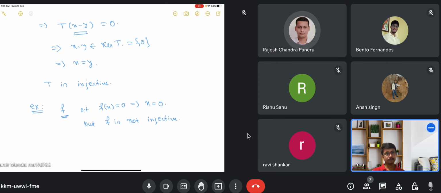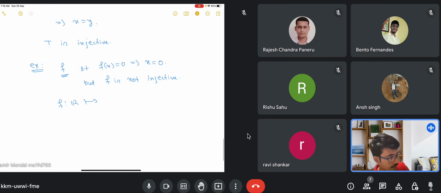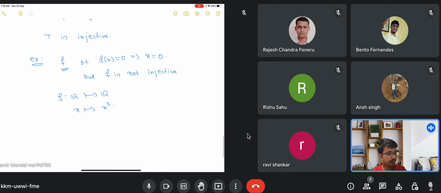Sir, y equals x square. Okay, you are taking R to R defined by x goes to x square. So if f of x equals 0, it implies x square equals 0, which implies x equals 0.